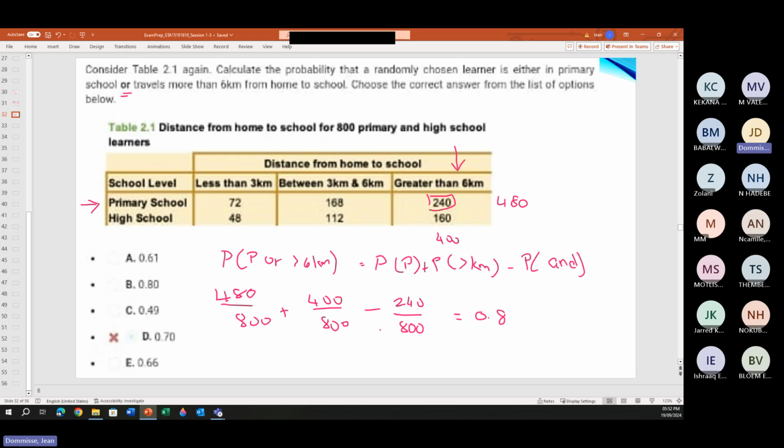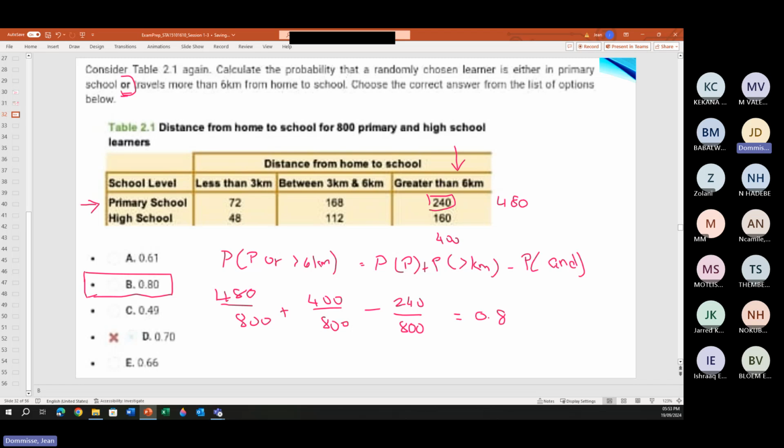Then minus 0.3 gives us the 0.8, which is then option B. Okay, so when we need to work out the OR, remember it is probability of the one plus the probability of the other one minus the probability of the and.